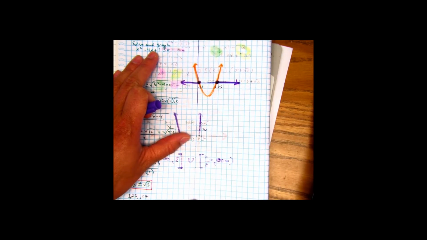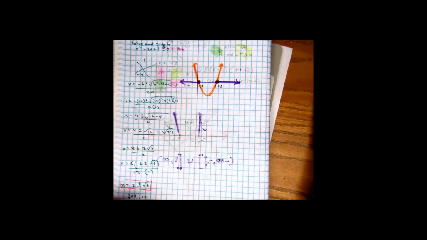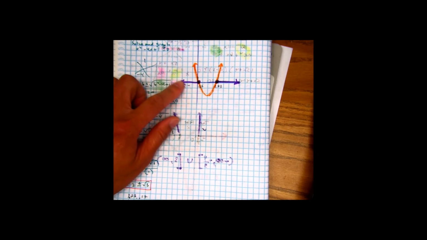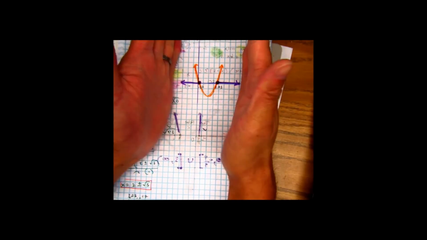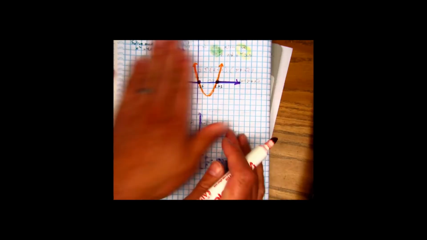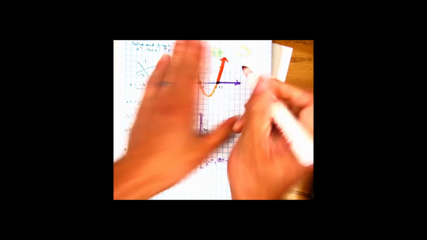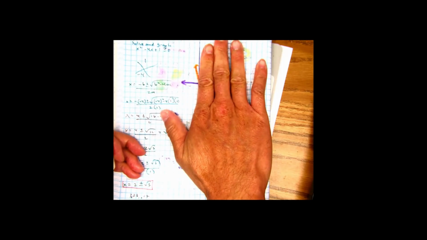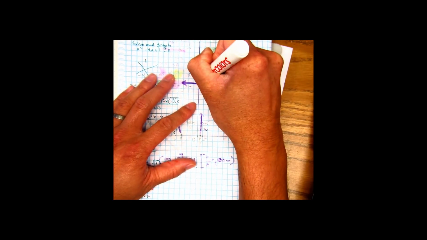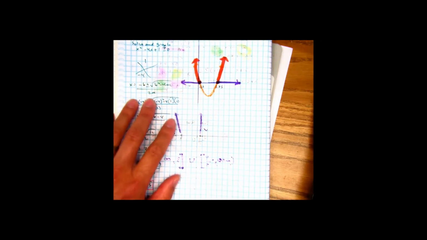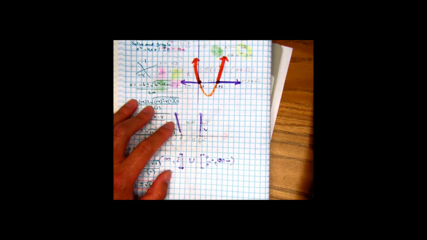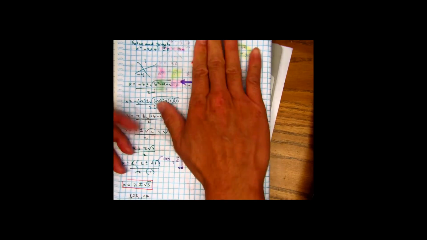But now the solutions are on the outside of those points. So what's on the outside is this part of my parabola. Does that make sense? Anything to the left here. That's why I'm highlighting this in red. And then I just have to write an interval notation.